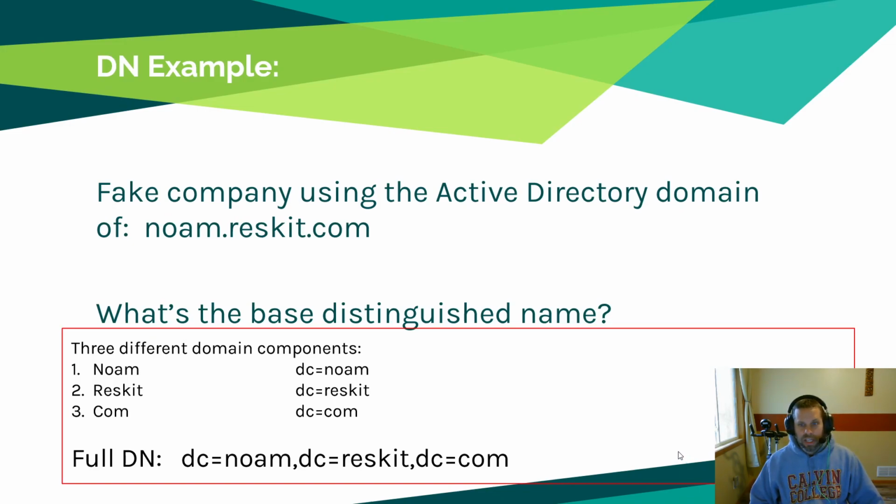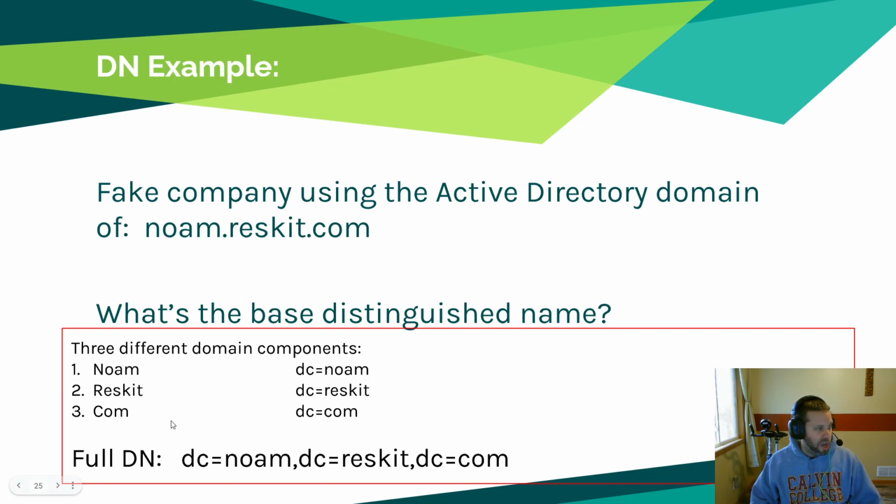So let's take a look at an example for this. I'm going to build up a distinguished name starting from the root of my domain. For this one, I'm going to use a fake domain called noam.reskit.com. And how do I make the domain portion of the distinguished name? Well, I have to actually split out the three sections of my domain into three separate domain components.